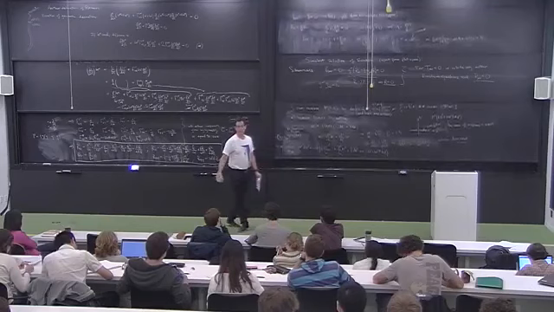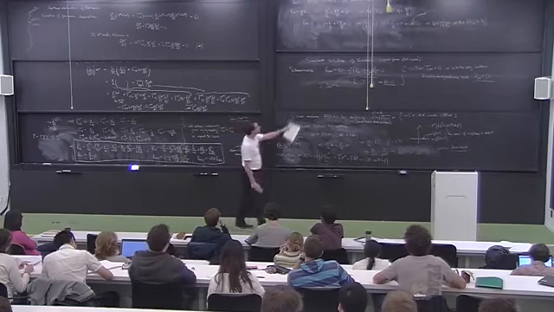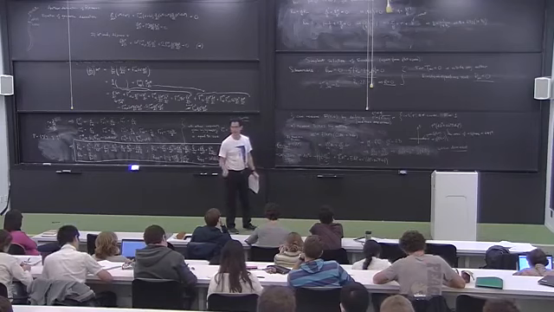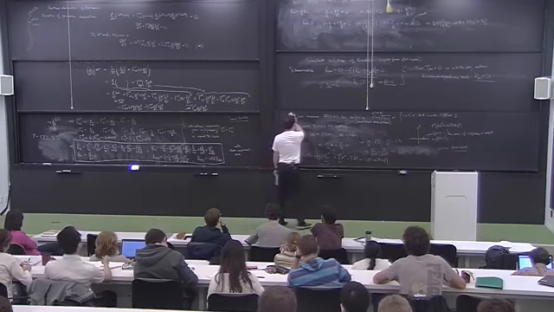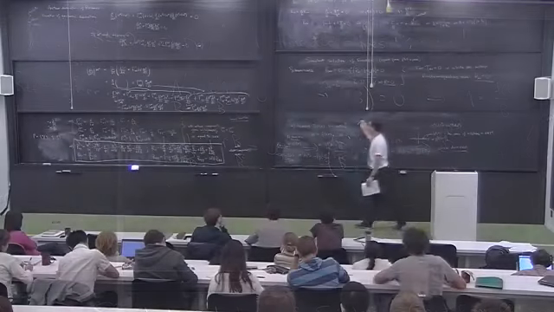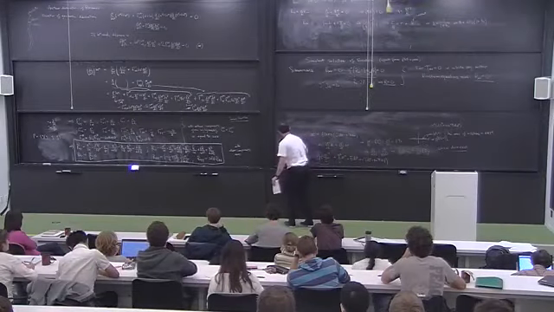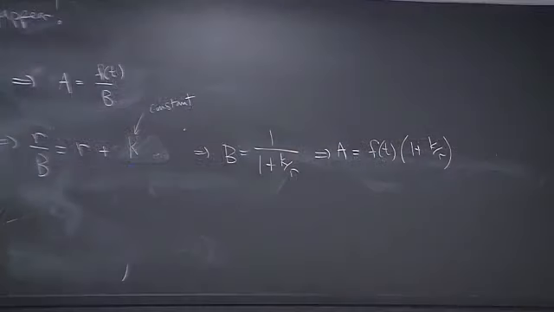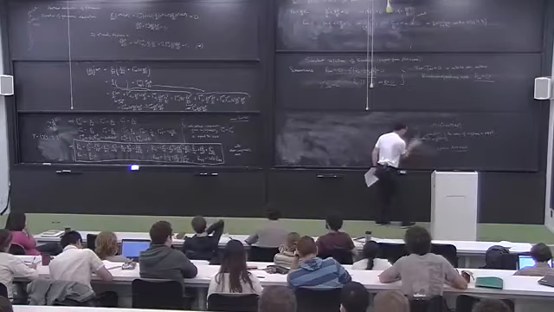Because we're still free to redefine time. And all that's going to happen is that function of t is multiplying the dt squared. So let's just redefine the time to remove it. We have this metric which has f of t dt squared, and we can redefine the time to set f equals 1.